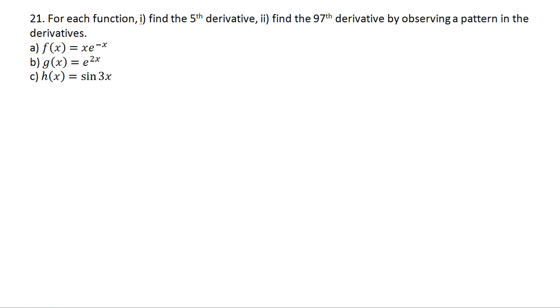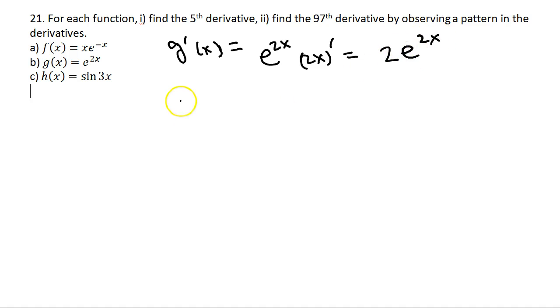Now let's move on to g. If you differentiate g once, the chain rule says this inside function has to be pulled out and differentiated, and you get 2 times e to 2x.